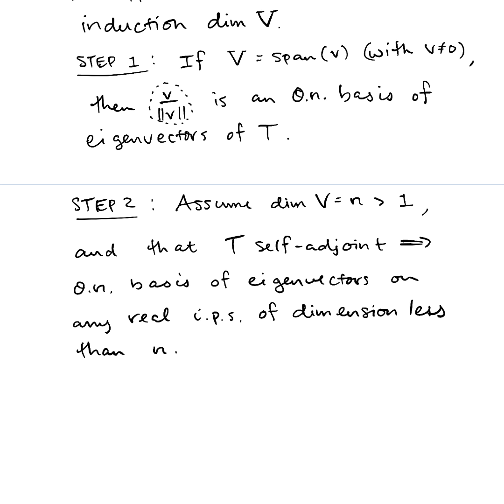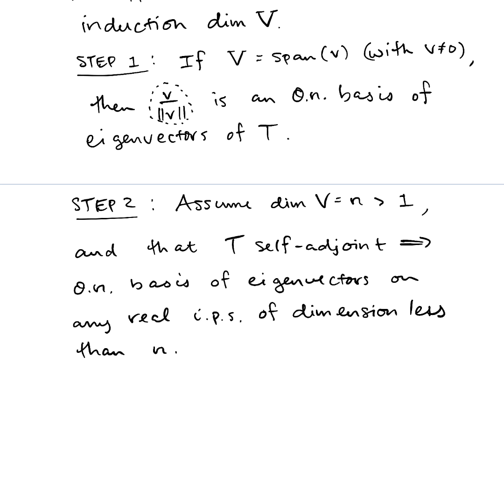Okay, so we're assuming that the forward direction of this proof, that implication, is true on real inner product spaces of dimension less than n, and we're trying to argue that it's true on real inner product spaces of dimension n. So that's what we're trying to do.